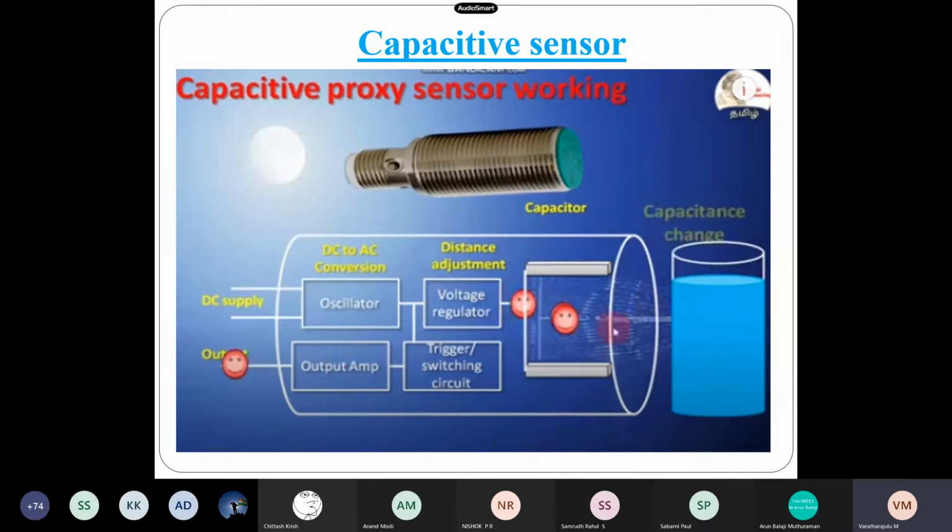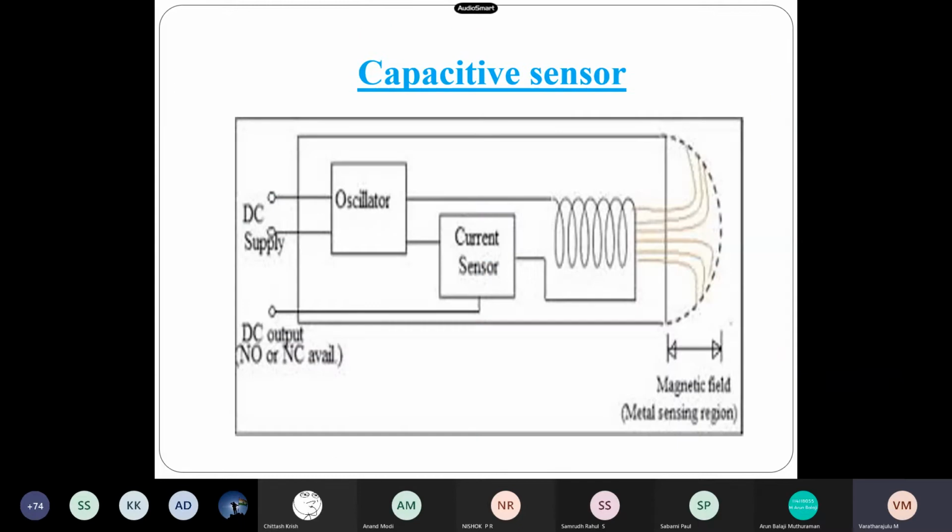The capacitor will identify whether we have liquids or dielectric materials, or even without dielectric material, objects approaching can be identified through capacitive proximity sensors.